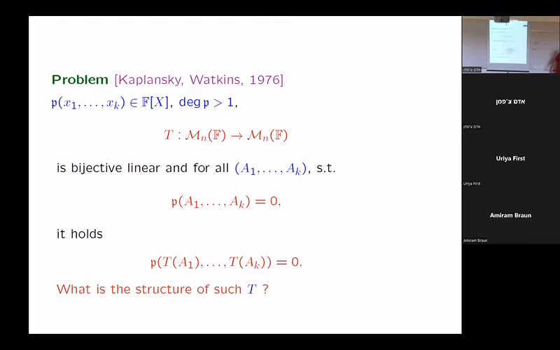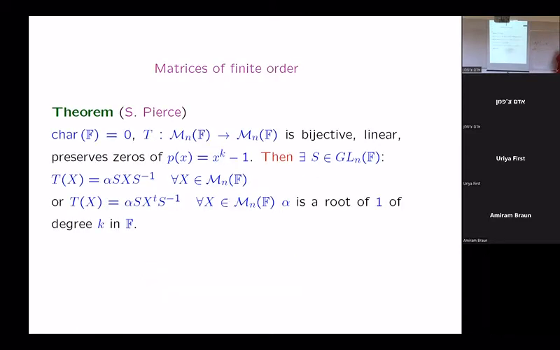For example, you look at those maps which preserve roots of certain multivariable polynomials. What is their structure? Sometimes you have rather standard answers, for example, for matrices of finite order, so matricial polynomials, and the answer is standard.